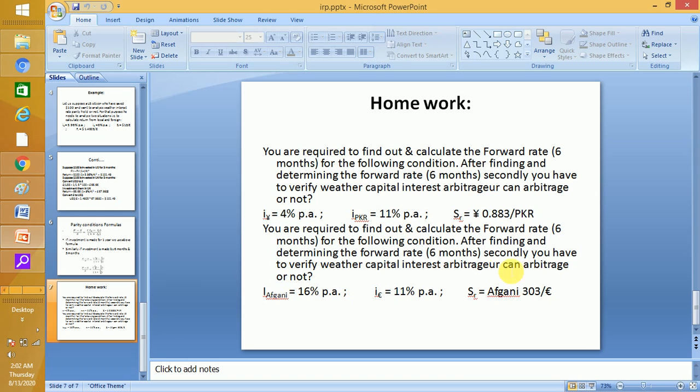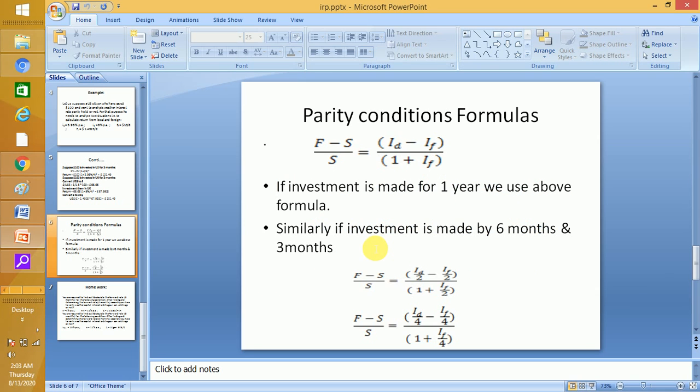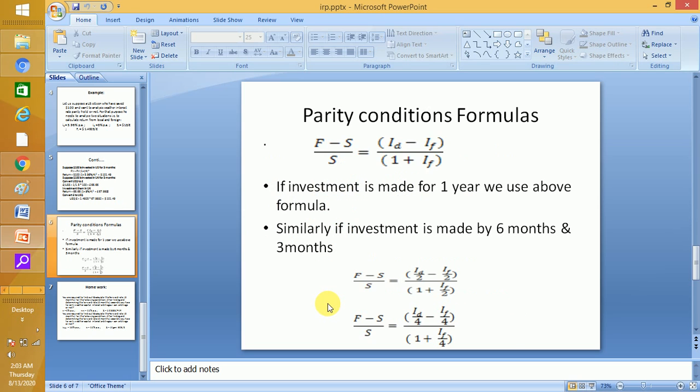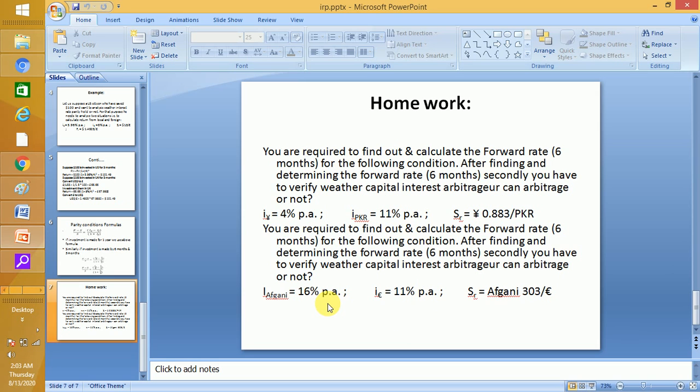You will calculate the future value using the future value formula: present value times 1 plus I, not divided by 4, it will be divided by 2, and raised to the power n. Similarly, you will convert Afghanis to euros, calculate the future value, and then convert the euros at the forward rate back to Afghanis, so you will get your required answer.